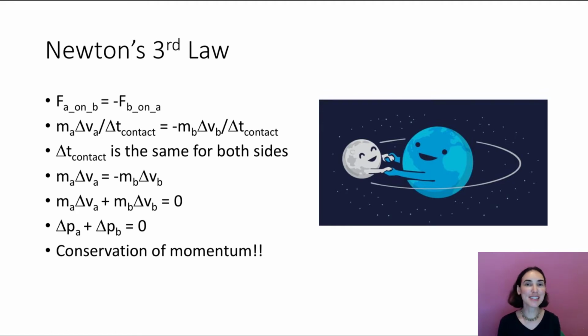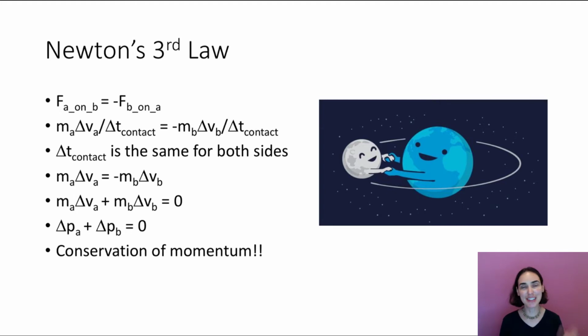And I'll express that in terms of masses and velocities. So mass times change in velocity per change in time. What is that? Change in velocity per change in time. That's the acceleration. So mass times acceleration, we know that's the force for object A, and we'll say is equal and opposite to the mass of object B times B's change in velocity per change in time.